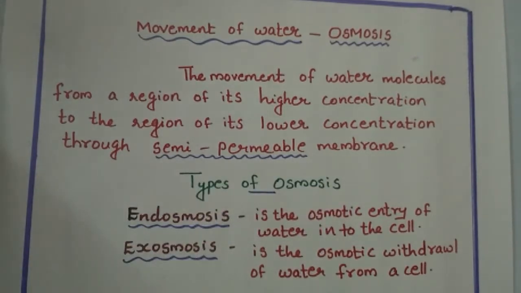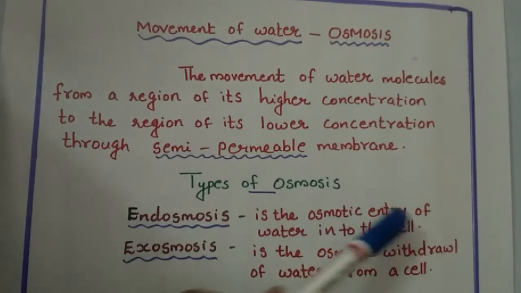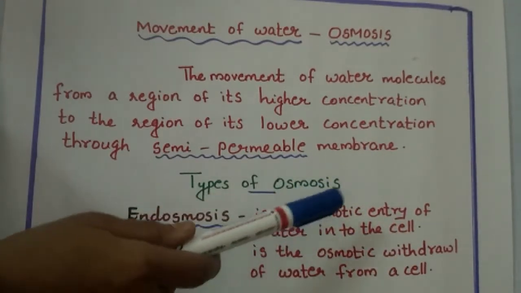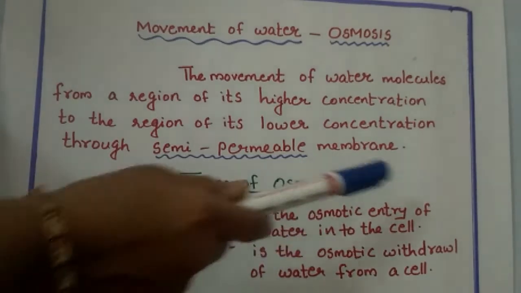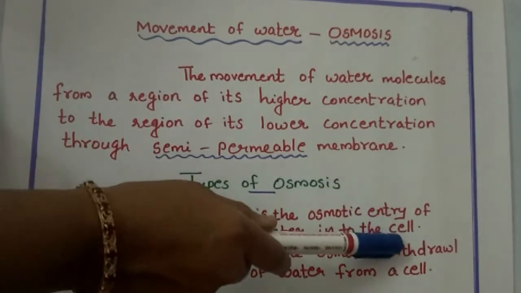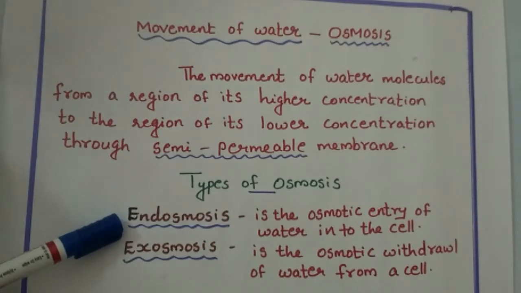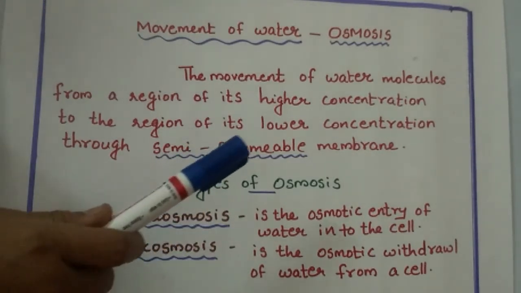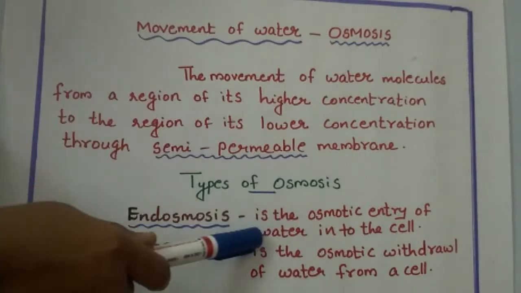Then next is types of osmosis. There are two types of osmosis, endosmosis and exosmosis. Endosmosis means the osmotic entry of water into the cell. That is, through osmosis, if water molecules enter inside the cell, then it is called endosmosis.